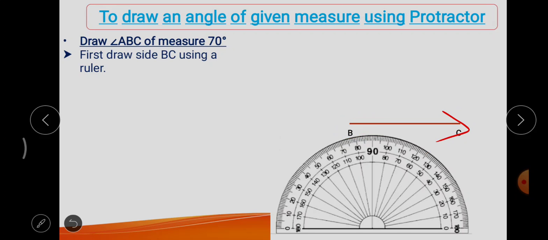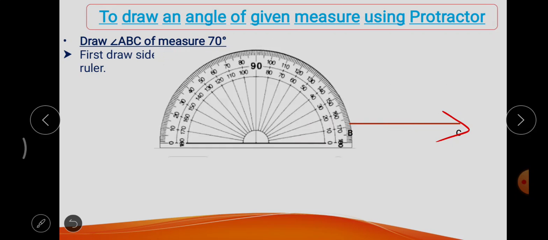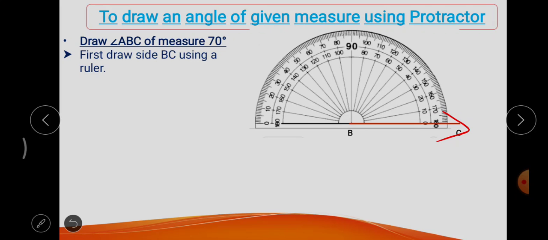So I will place my protractor at the vertex B. You can see my protractor is exactly placed at vertex B. Now they are saying that you have to measure 70 degrees. We know that my arm BC is lying in the right direction. So which angle set will I see?